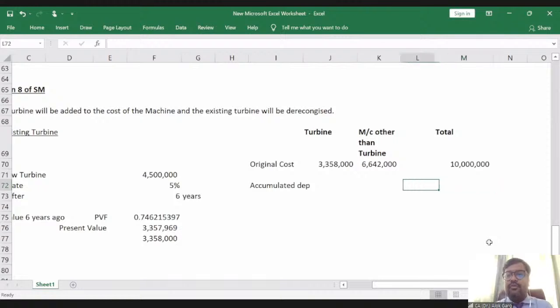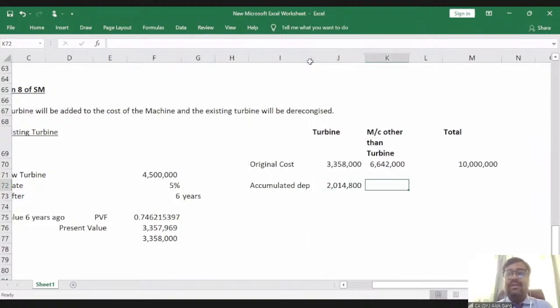So already 6 years have elapsed. So on this turbine, how much depreciation has already been recognized, already booked? 33,58,000, and earlier the life was 10 years. So 3358 divided by 10 multiplied by 6, right? So probably 20 lakh of depreciation has already been taken on this turbine.